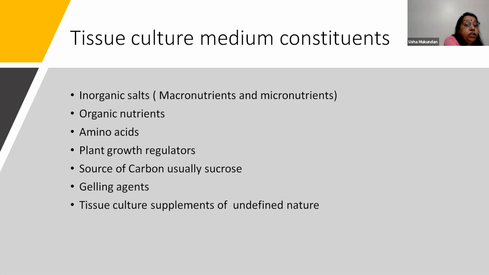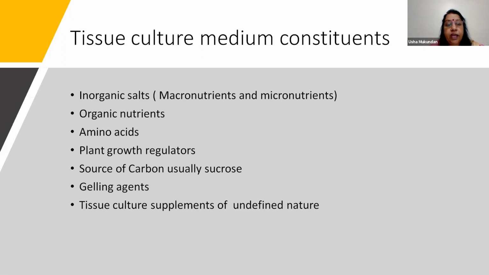Nevertheless, remember, both are essential, because some people call one essential and the other non-essential. Wrong. Both are equally essential for proper development of any plant or any tissue or any cell. So you call them macro and micronutrients.